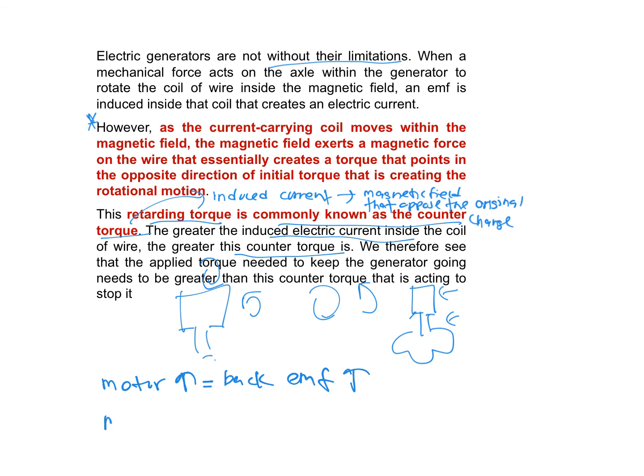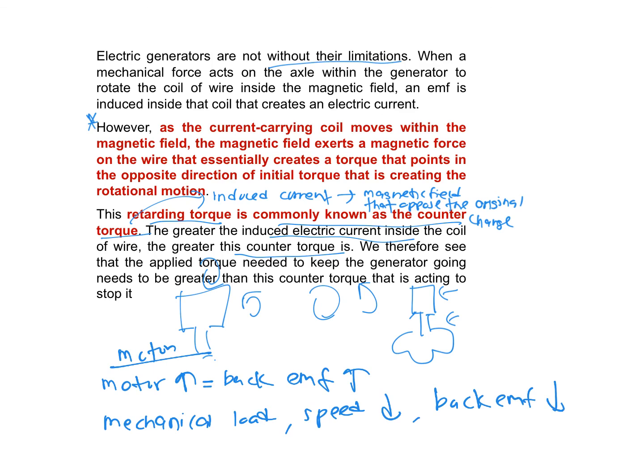However, if we have a mechanical load on the motor, the speed of the armature, or we can say the speed of the loop, is going to decrease. Therefore, your back EMF also decreases.